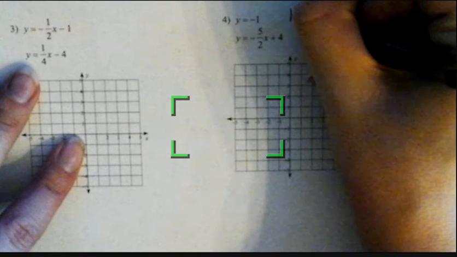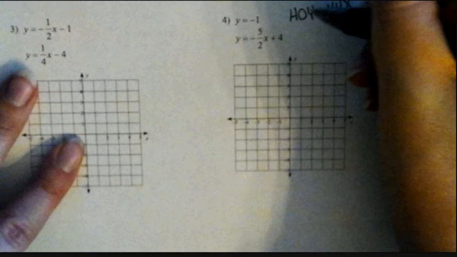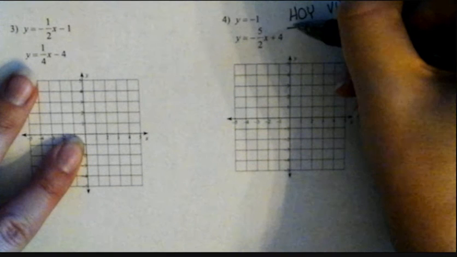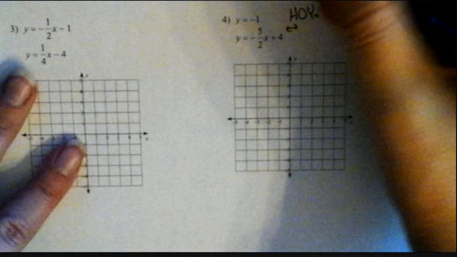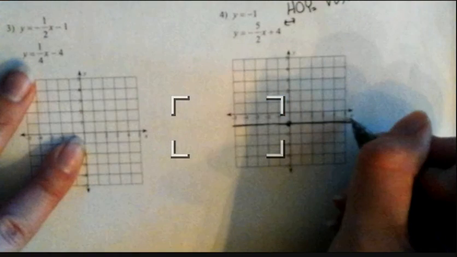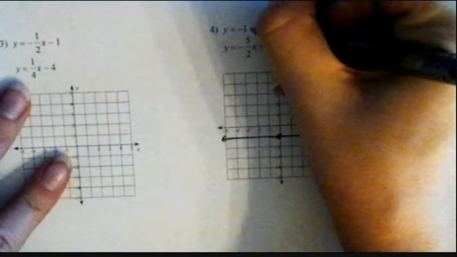So I need to remember HOY VUX, which means a horizontal line has a 0 slope, and it means that y is equaling something. So here I would have a 0 slope, y equals negative 1, that's here, and my line is going to be horizontal, like this. Okay, and so that's all graphed.